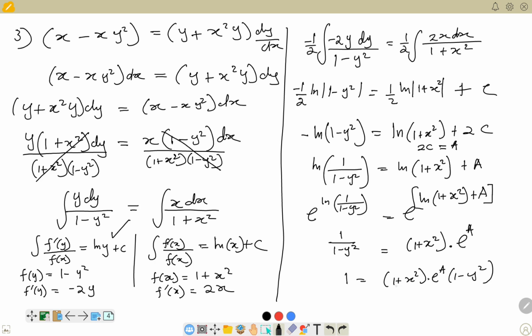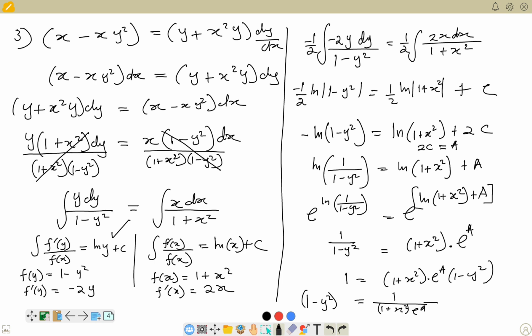Then we can divide both sides by 1 plus x squared, or let's write it like this: 1 minus y squared is equal to 1 over 1 plus x squared times e to the power a. So the goal, like I've said, is to just make y the subject of the formula.